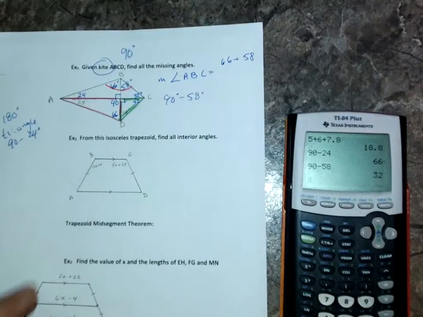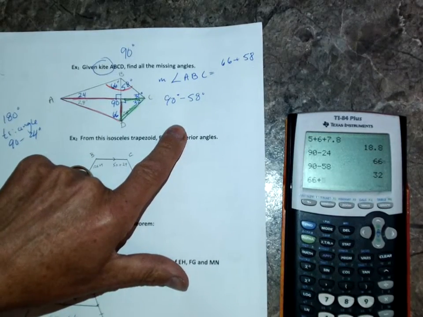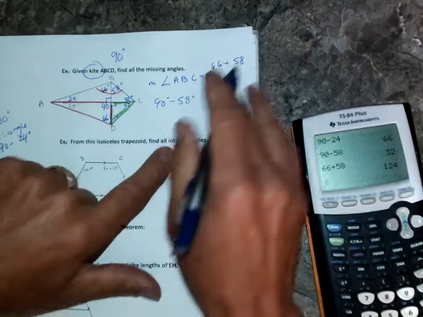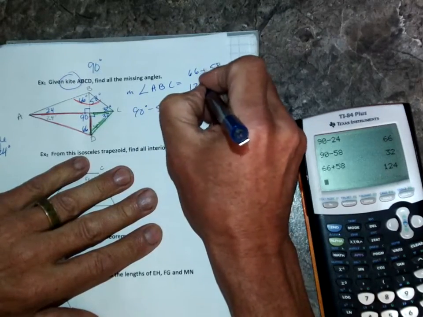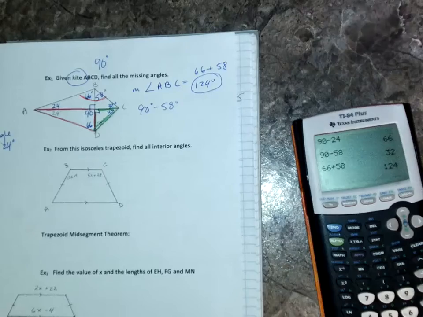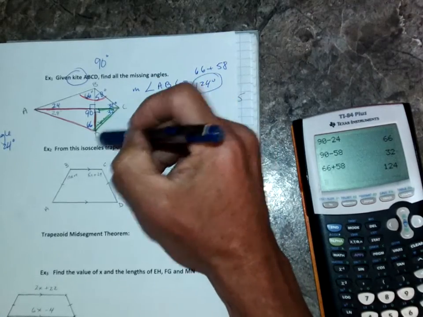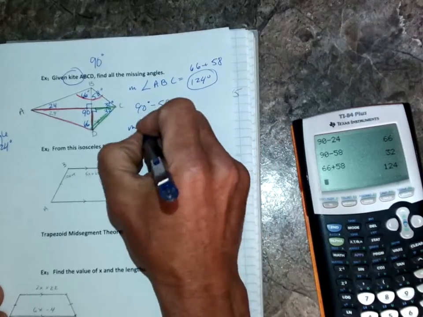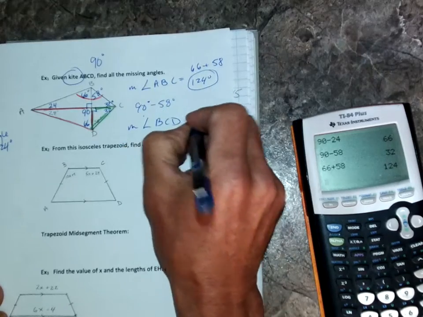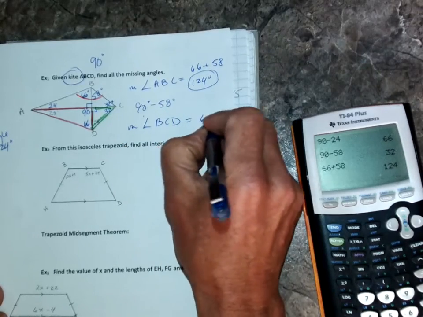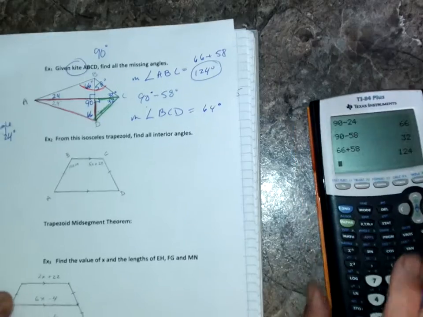What is 66 plus 58? I get an answer of 124. I'm going to ask that on the test. And then I might also ask what BCD is. The measure of angle BCD is 32 plus 32, or 64 degrees. Okay, got it? Got it.